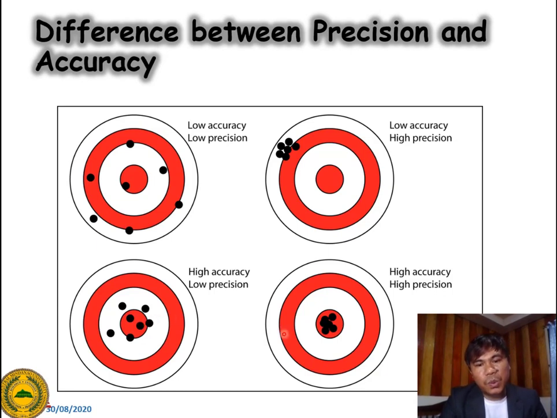If we look at the bottom right, notice that the black dots are closely positioned to each other. So we say that this is precise, and also accurate, because the black dots are found in the center, or the true value. So that's the distinction between precision and accuracy.